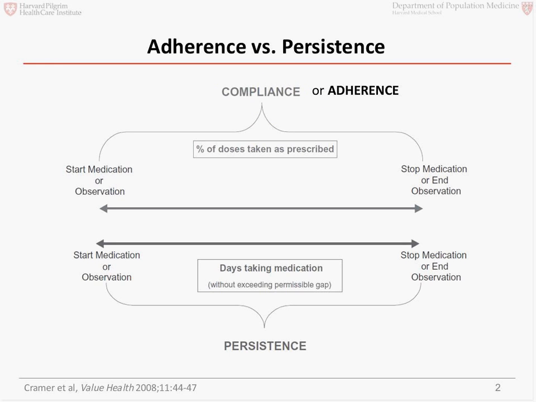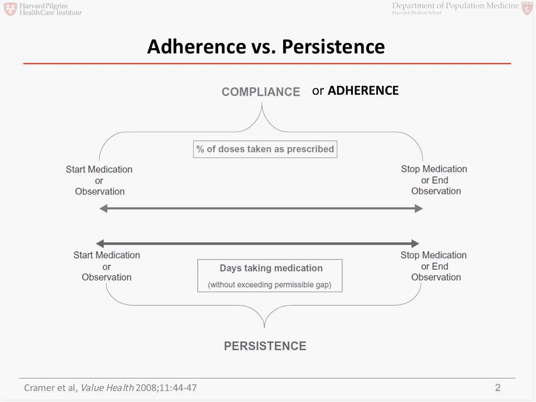Before we start to talk about the methods, let's just clear up some of the terminologies that we are going to use today. There are at least two measures that we see in the literature that are trying to describe the treatment patterns of patients over time, and people sometimes use these terms interchangeably, but in fact they have different meanings.